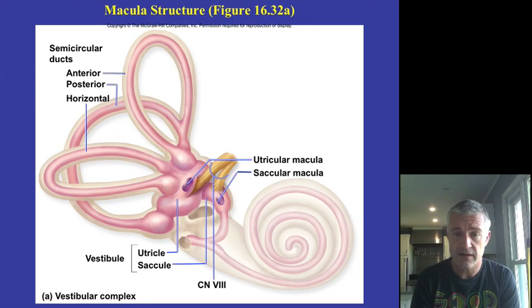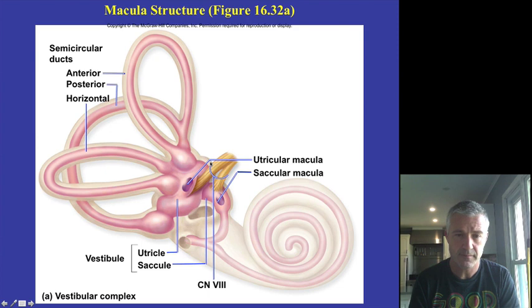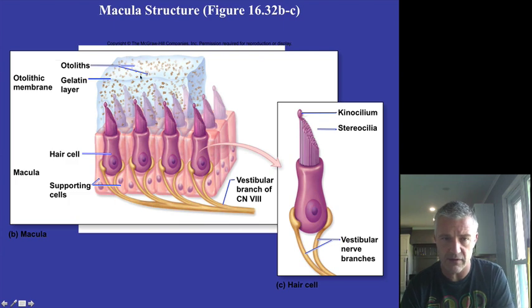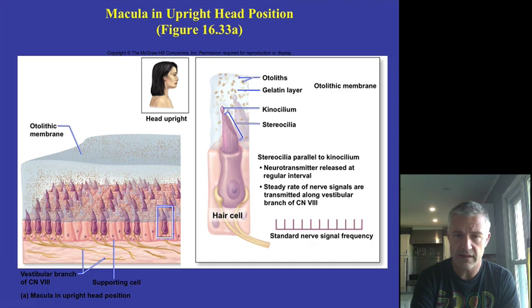This is taking place, like I said, in the utricle and the saccule. One is tilting this way and this way, the other one is this direction. This shows you that kinocilium, that specialized one among the stereocilia, with the otolithic membrane and the otoliths increasing the weight. When you have an upright head position, you have this standard frequency.